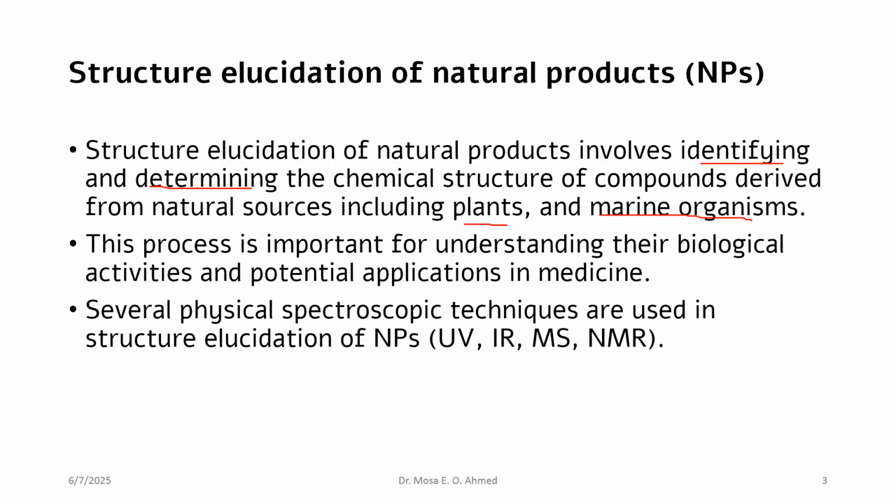The importance of structural elucidation is to understand the biological activity and potential application of this compound in nature. Several physical spectroscopic techniques are used in characterization of natural products, including UV spectroscopy, IR spectroscopy, MS, and NMR spectroscopic techniques.